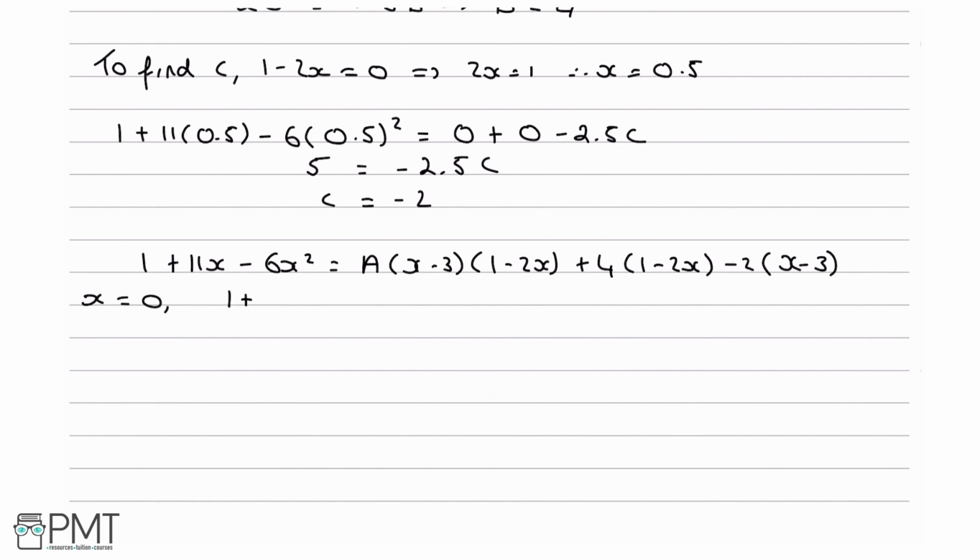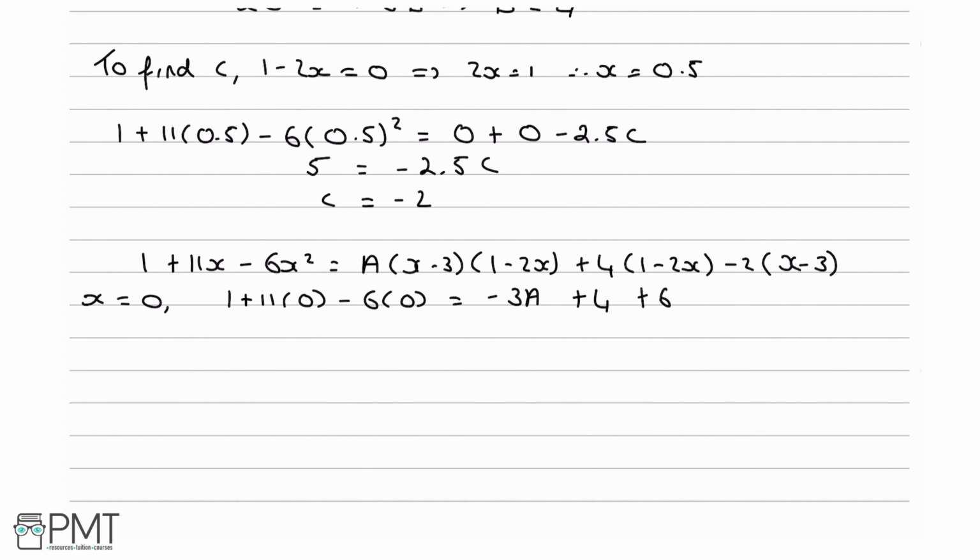This means we have 1 plus 11 times 0 minus 6 times 0 equals a times (0 minus 3), so that's minus 3, times (1 minus 2 times 0), so that's 1, so it's going to be minus 3a. Then 1 minus 2x is 1 minus 0, which is 1, so plus 4, and then minus 2 times minus 3 is 6.